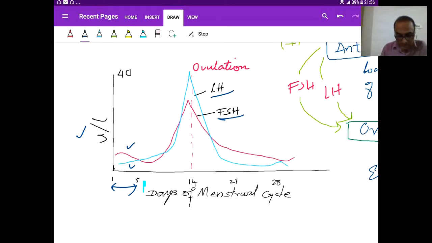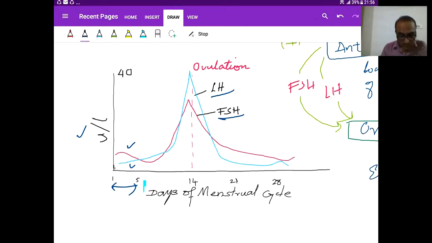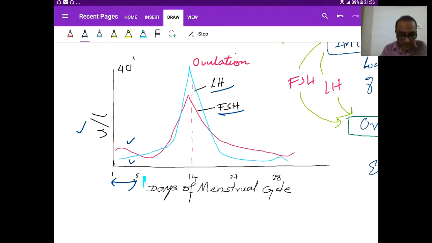The LH reaches almost the 40 units per liter mark just before day 14, a few hours before the 14th day or mid cycle of the menstrual cycle.